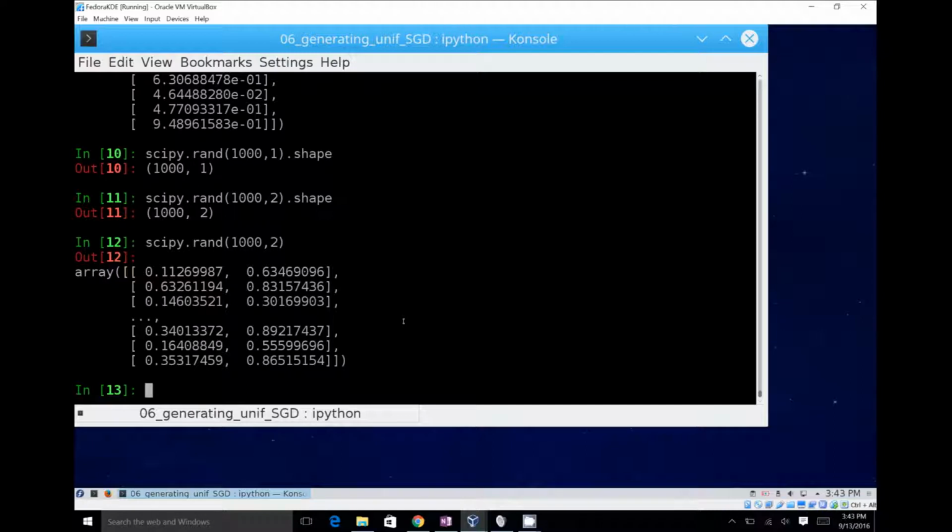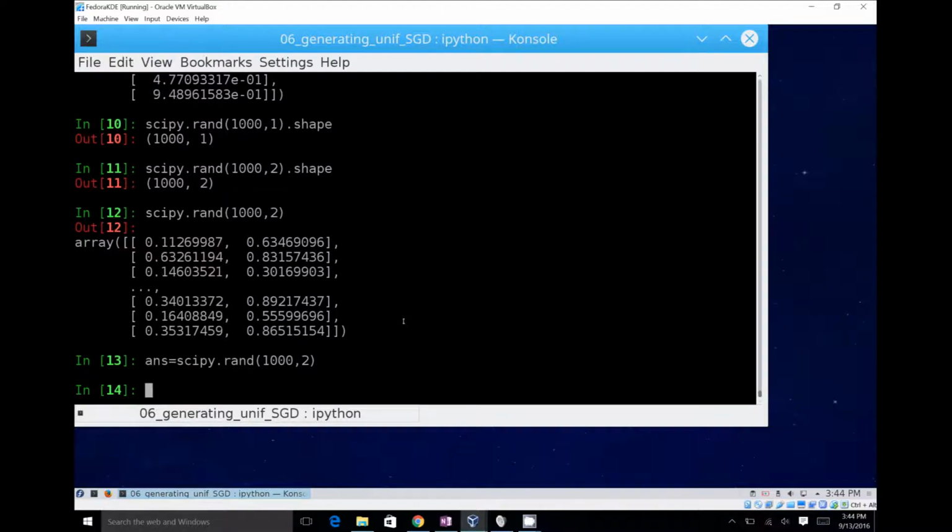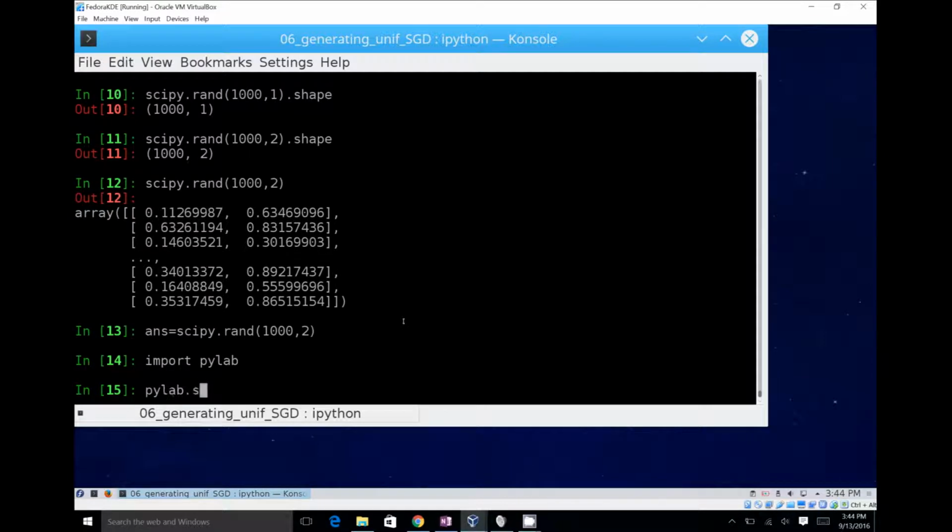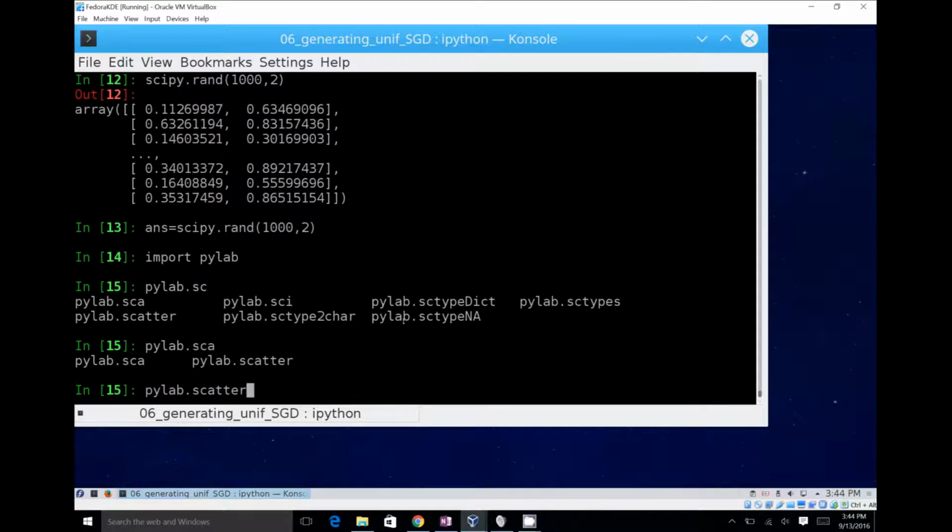Does that make sense? Okay, so let's just plot these to make sure that it sort of looks right. Let's just see if it looks right. So the answer is scipy.rand, and then I'm just going to do pylab.scatter, which is a scatter plot, and it takes some x-coordinates and some y-coordinates, if I remember correctly.